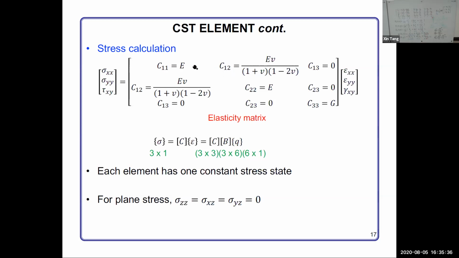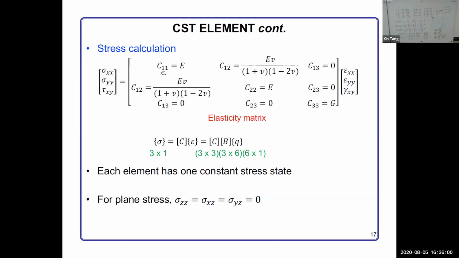For linear homogeneous isotropic materials, when you express the elasticity matrix, you will have 6 components, and in fact they can be written in a symmetric matrix. Okay, so this is a symmetric matrix.